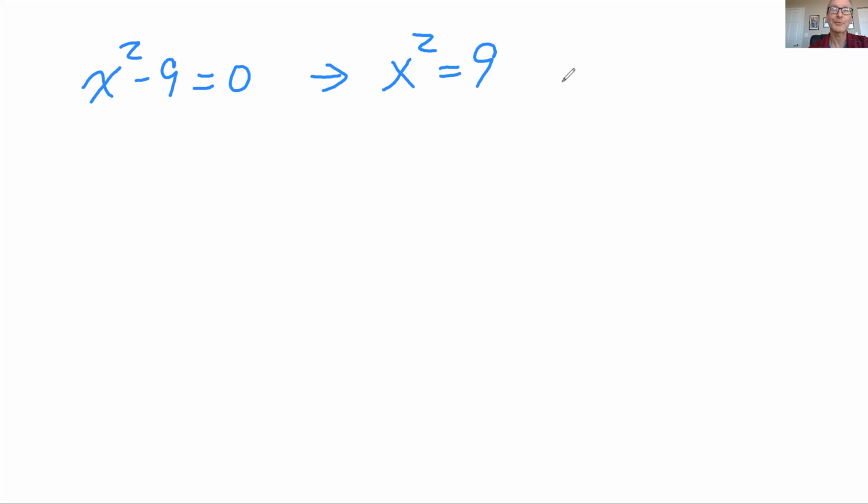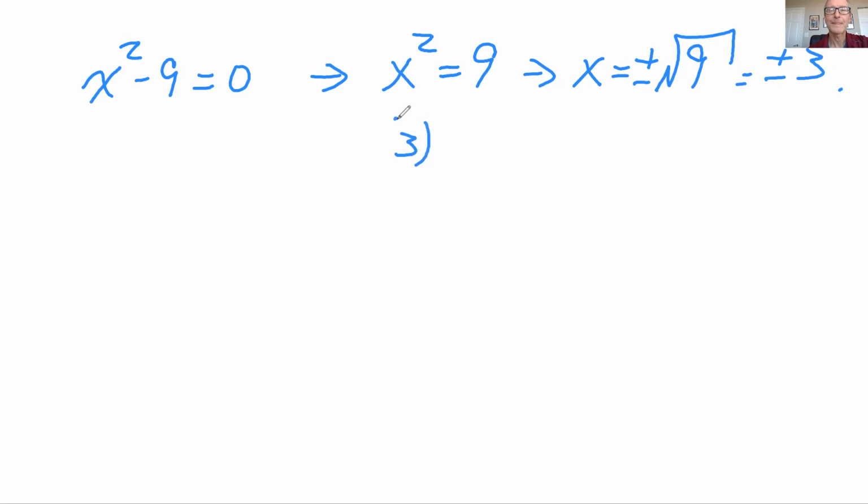And then you would take the square root. And if you remember when we did that in the old algebra days, we put this plus or minus here, and so the answer would be plus or minus 3. So that's what we made, you have 2 solutions: 3 times 3 equals 9, and minus 3 times minus 3 equals 9.